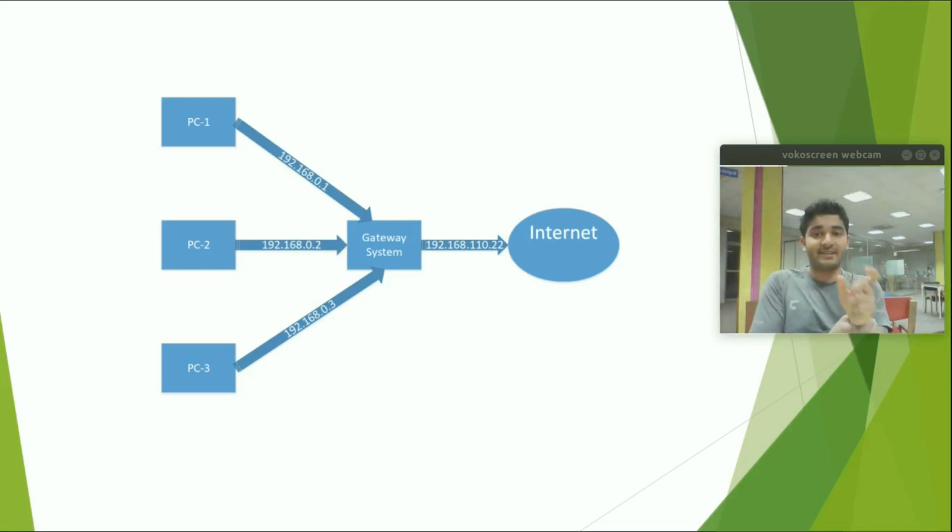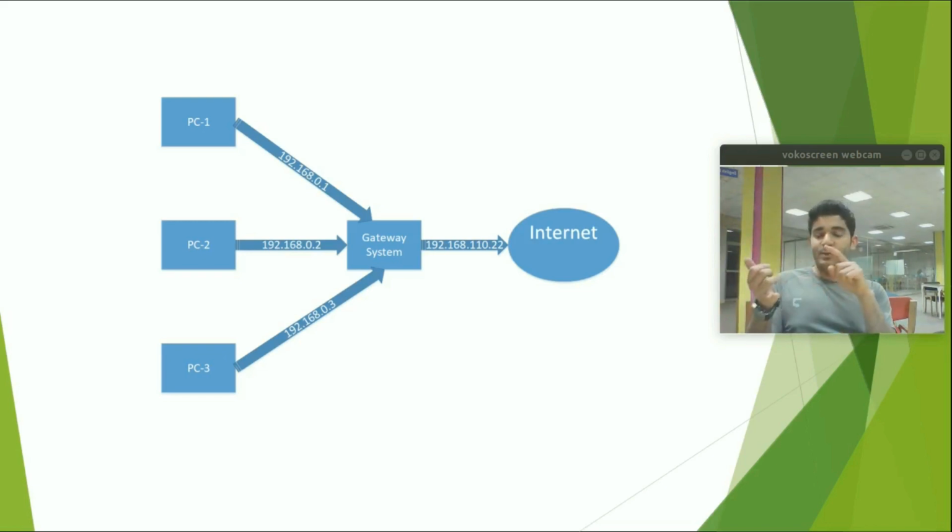Let's say PC1 is sending a request to the internet. All other devices on the internet are going to assume that the source of the request is the gateway system, but that is not reality. In reality, the source is PC1.